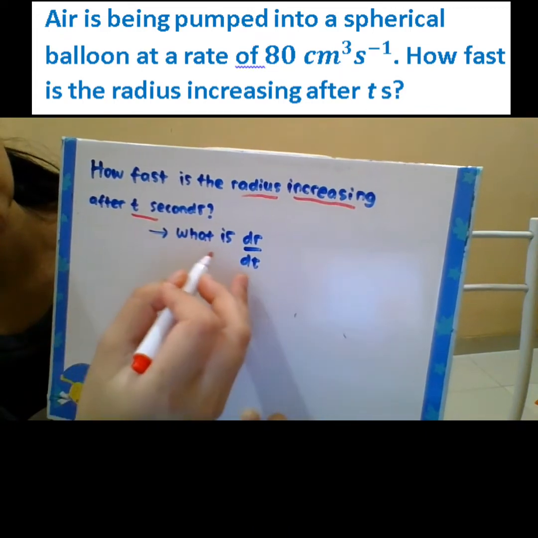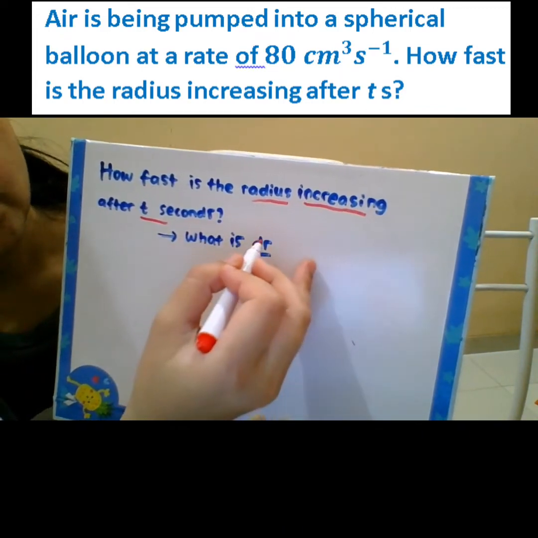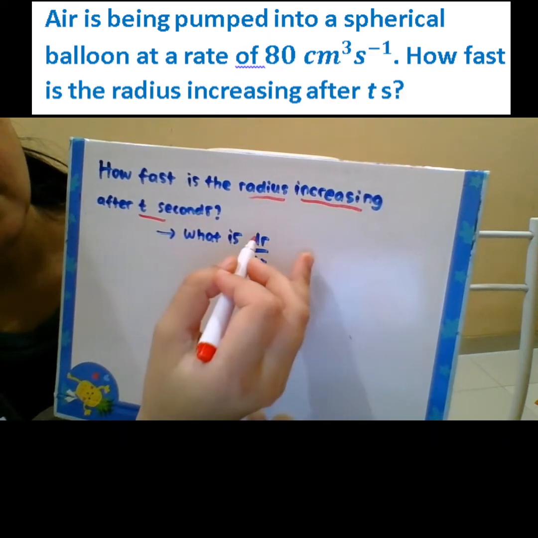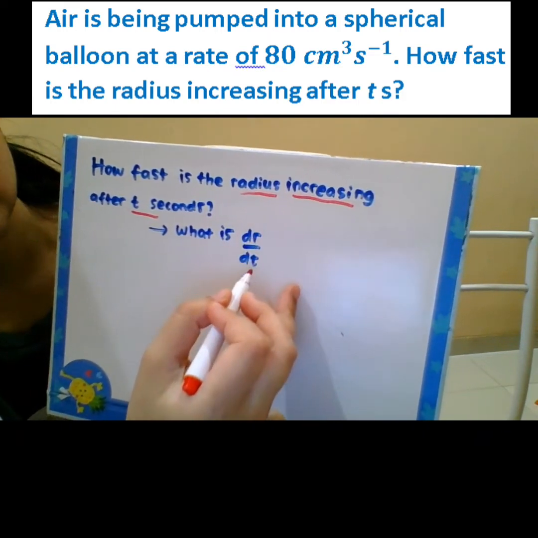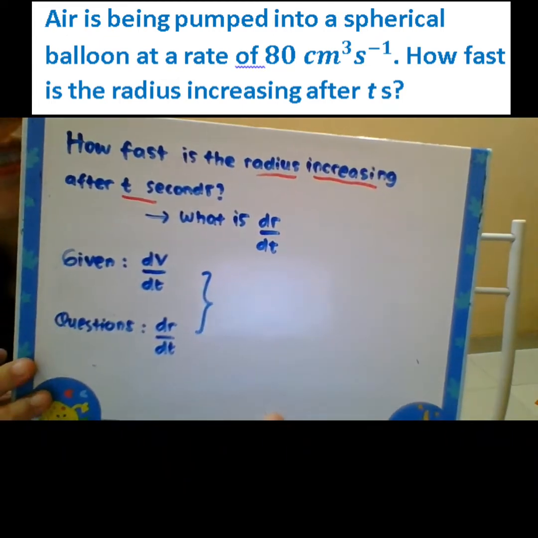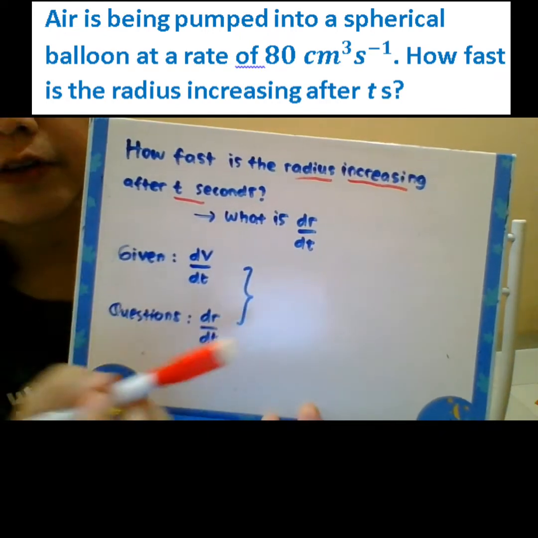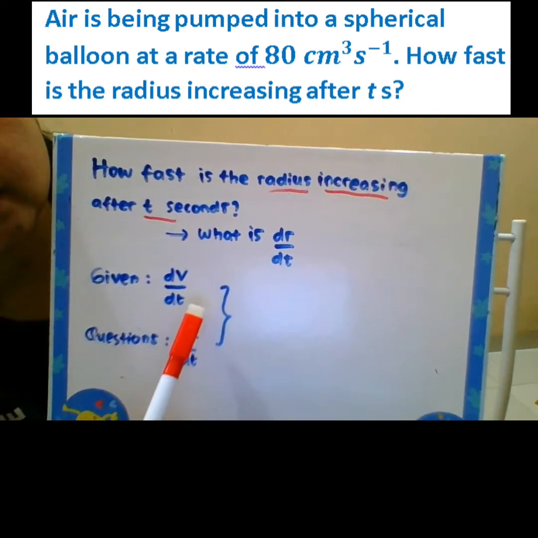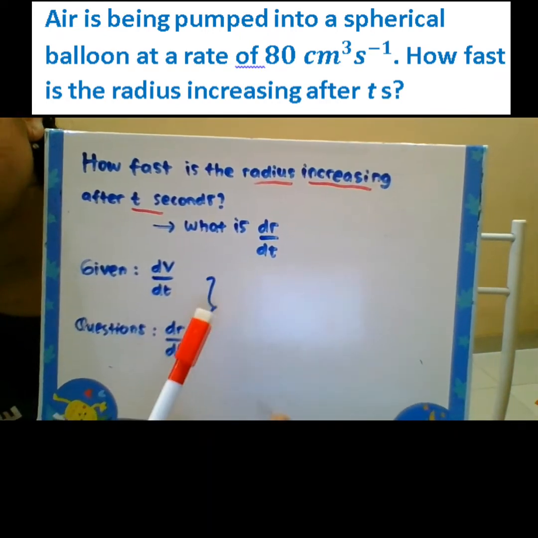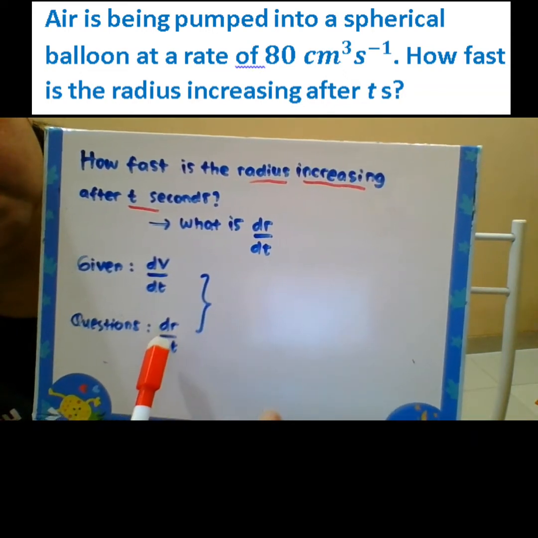So what is the derivative of r with respect to t? Previously we already have dv per dt, which they mention is 80 centimeter cube per second, and the question is dr per dt.